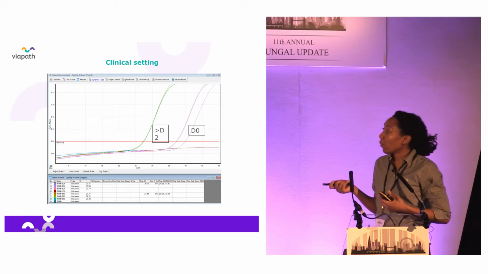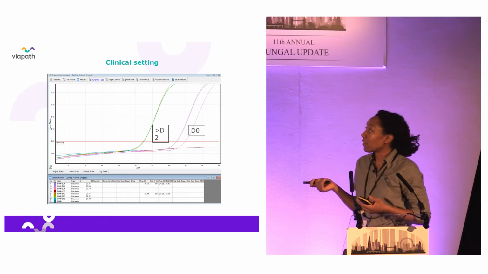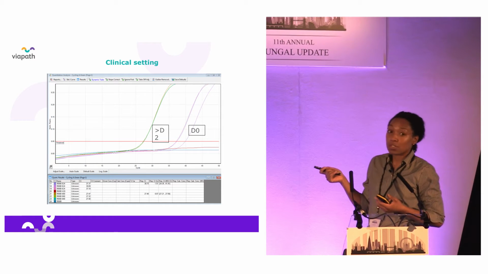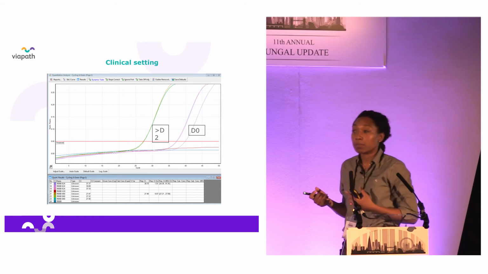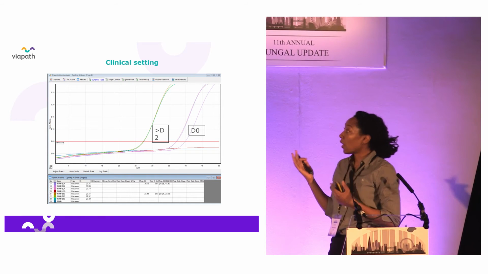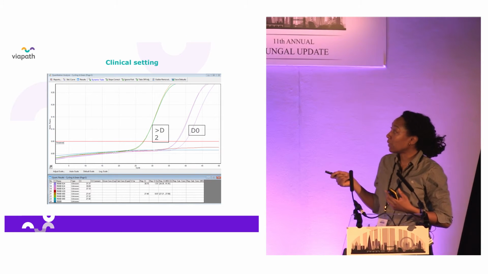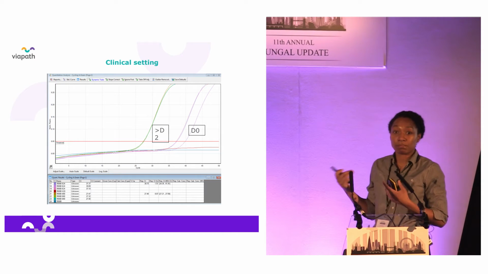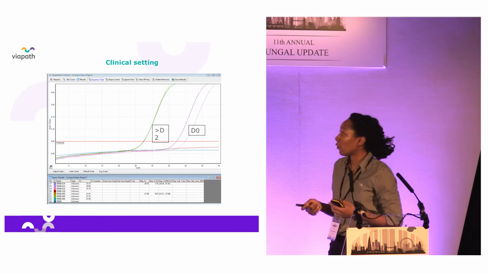This assay, even in its current state, would be able to distinguish between those 2 sample types, 2 time points, when the sample from day 0 is compared to the sample from day 3, 4, 5, 6.